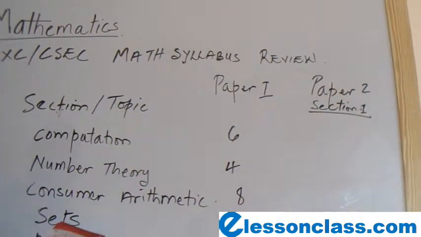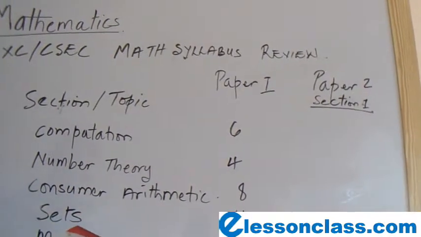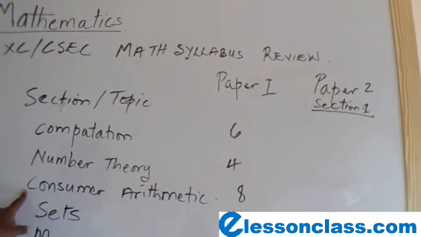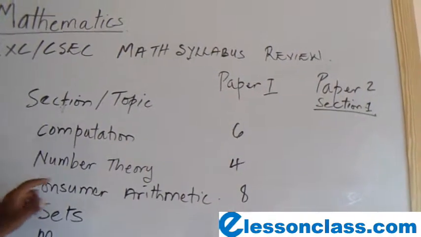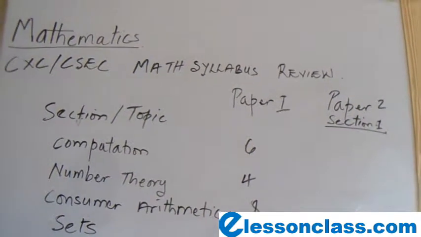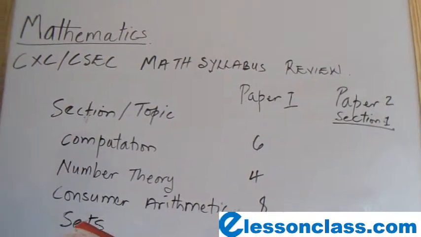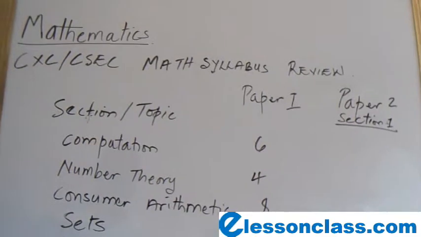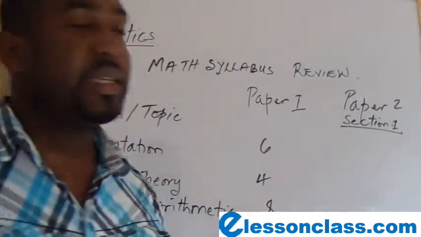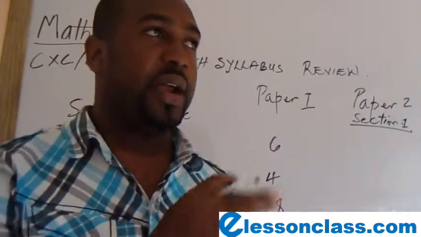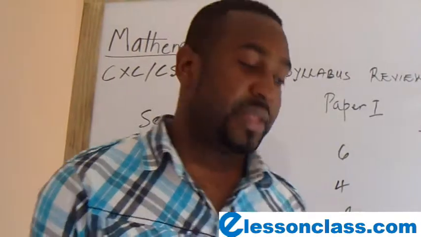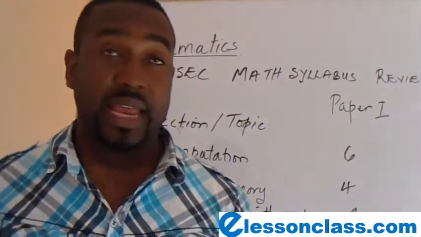Let me start with computation. Computation and consumer arithmetic are combined to form question 1, and that normally values up to 10 marks. So computation and consumer arithmetic add up to 10 marks.